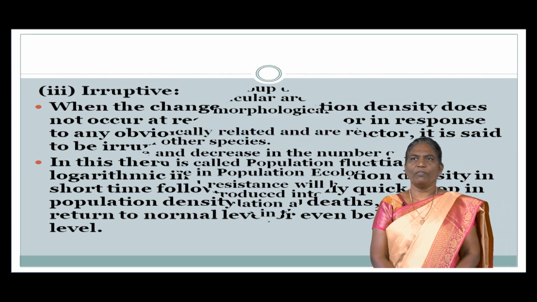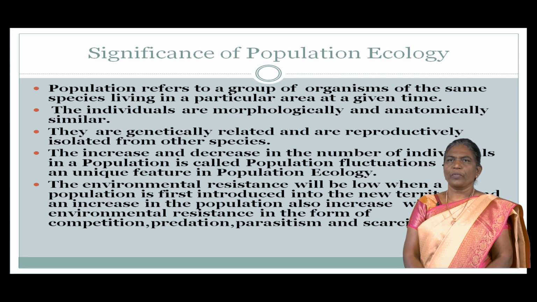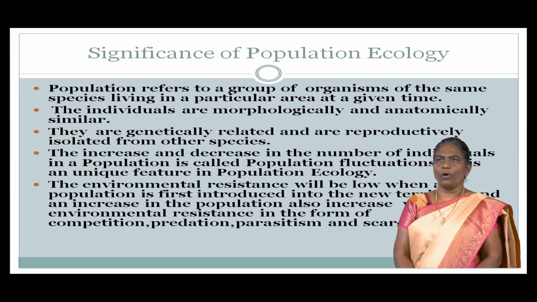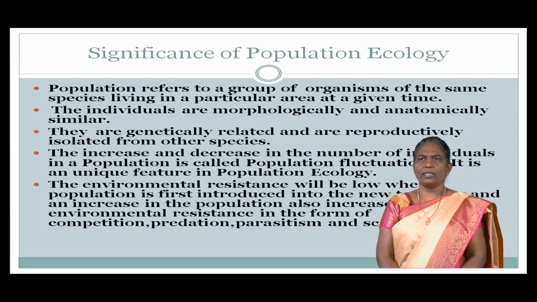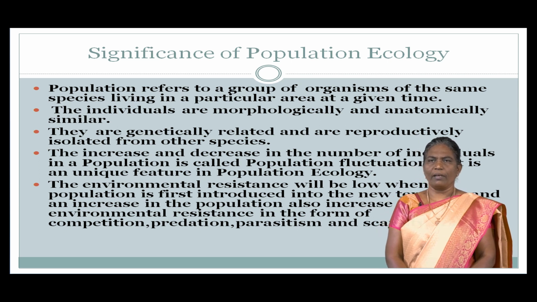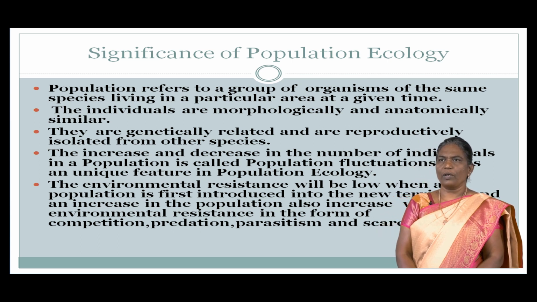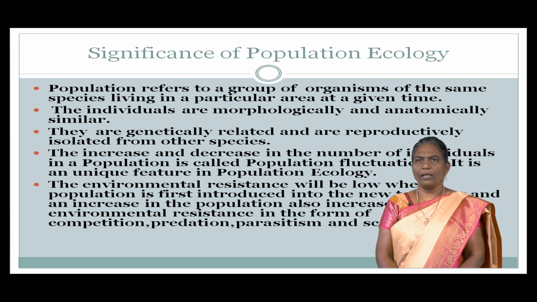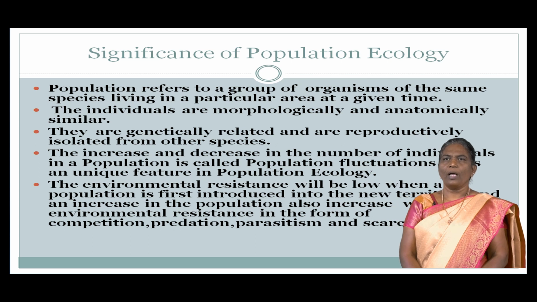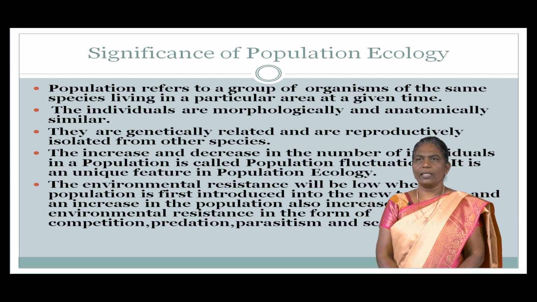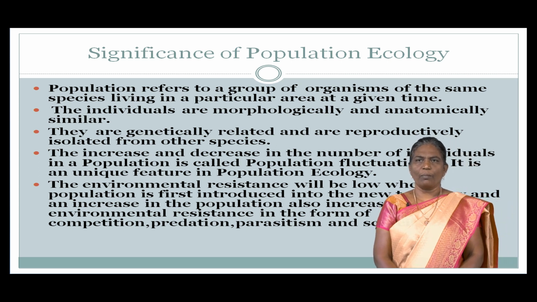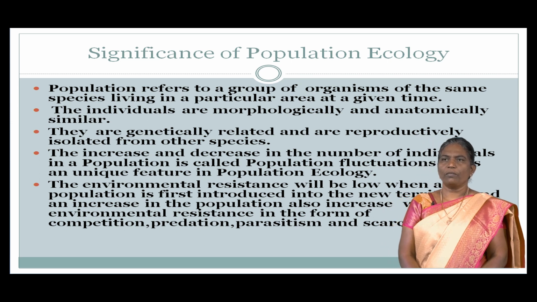The next is the significance of population ecology. Population refers to a group of organisms of the same species living in a particular area at a given time. The individuals are morphologically and anatomically similar. They are genetically related and are reproductively isolated from other species. The increase and decrease in the number of individuals in a population is called population fluctuations.